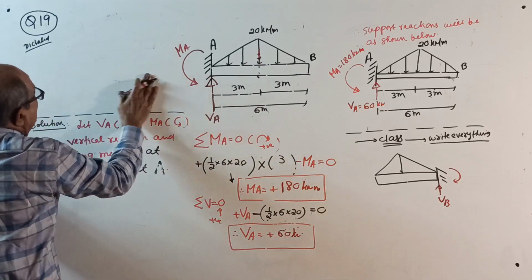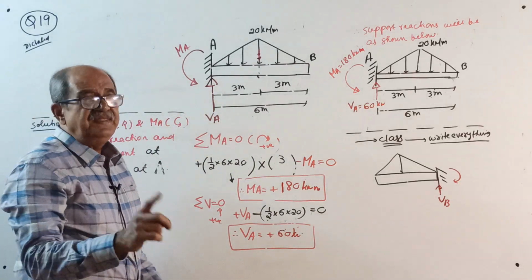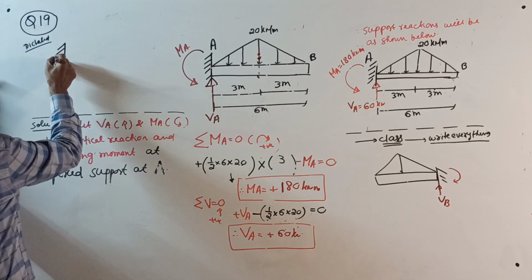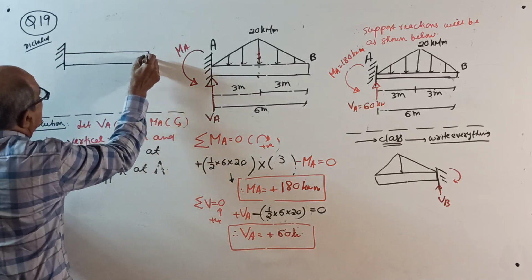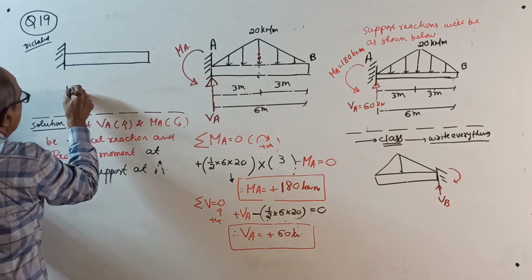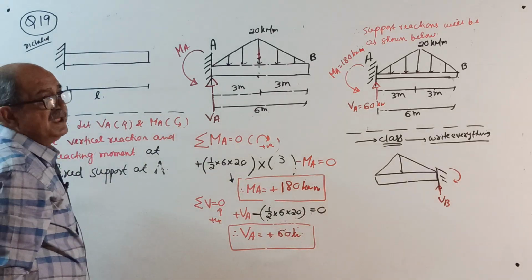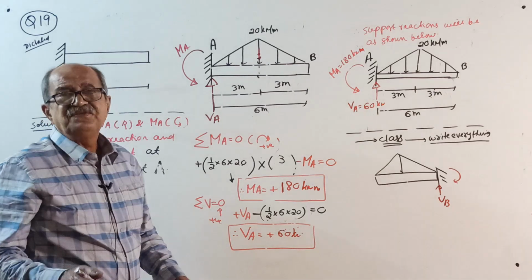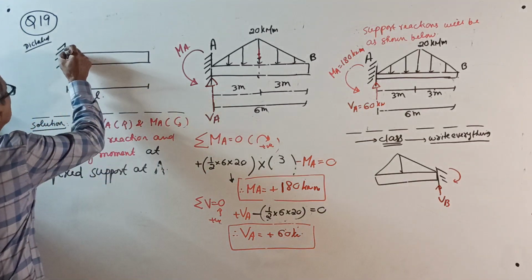I will put the question here, but I dictate the question. A cantilever beam is of length L. See, cantilever beam is of length L, bookwork type. It is loaded by a uniformly varying load which has intensity 0 at the ends. See, here also 0.